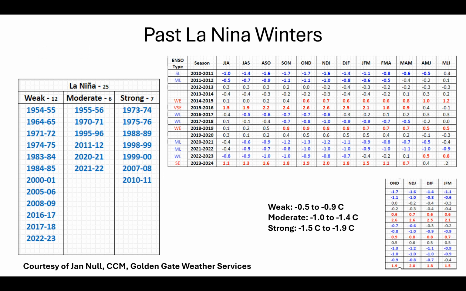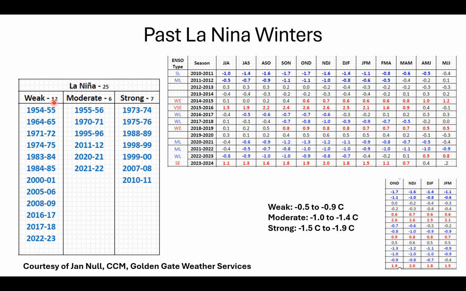So if we look at past La Nina winters, this is a great slide because it breaks things down nicely. You'll notice over here on the far left, we have all the different La Nina winters. I believe it's a sample size of 25. Of course, I'm not going to go back as far as before 2010 on these, but I wanted to show you over time the different categories of these La Ninas.